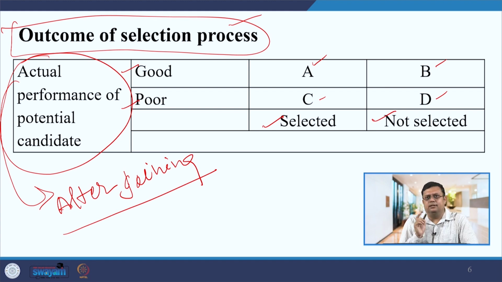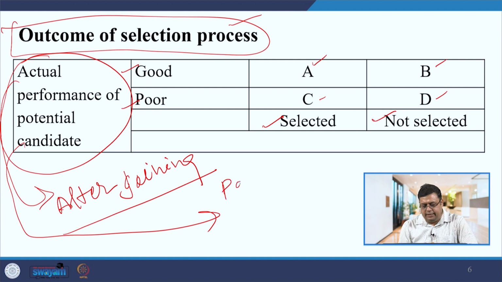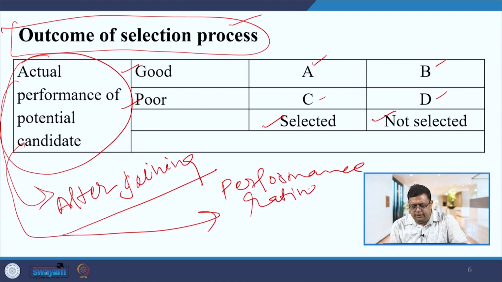So 2 methods that I suggest for measuring the actual performance of a potential candidate. One method that I suggest, you can take the performance rating, right. In each organization performance appraisal is taking place. So after this performance appraisal process, the performance rating will be there with you.